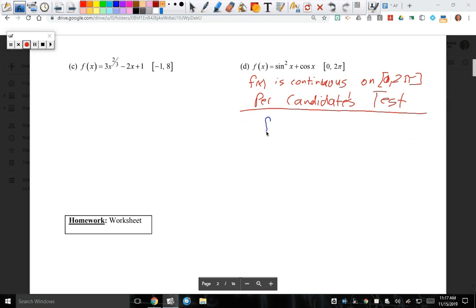F prime of x is equal to anyone? Come on, don't forget your basic differentiation. Cos squared x plus minus sin. So this is the same as sine squared, right? So it'd be 2 sine x times cosine x, so 2 sine x cosine x plus what?